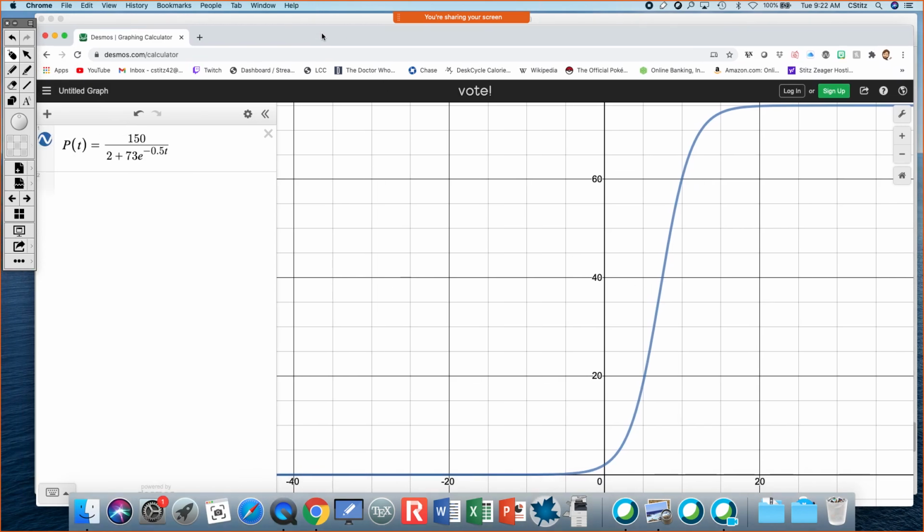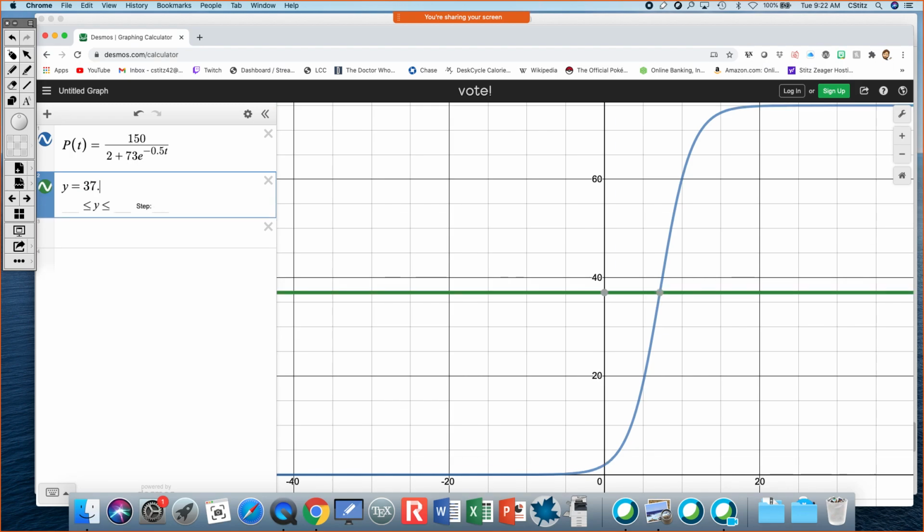In this particular example, the inflection point happens at, oops, not 75. Let's see. 75 over 2, right? 75 over 2.